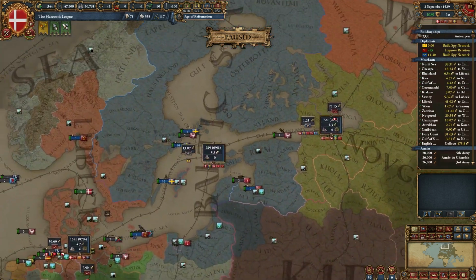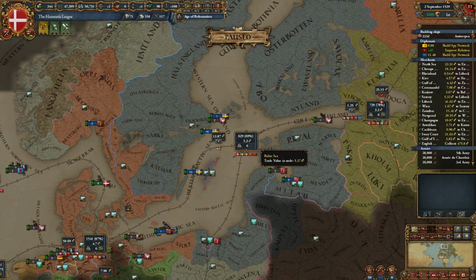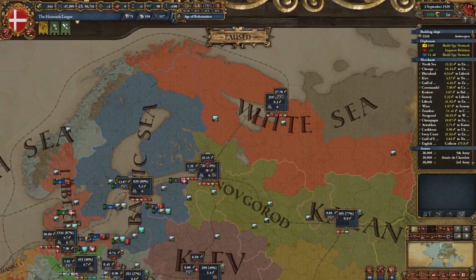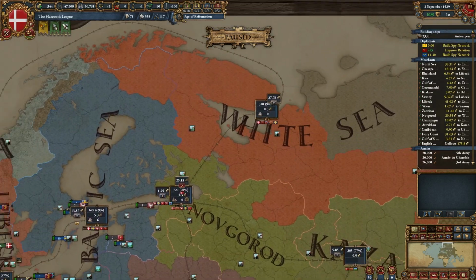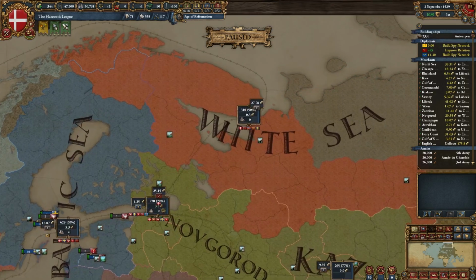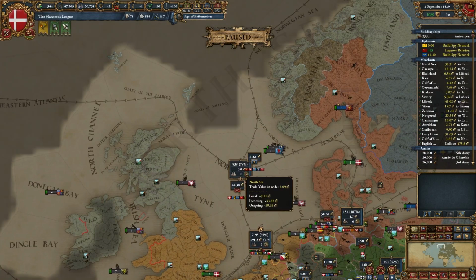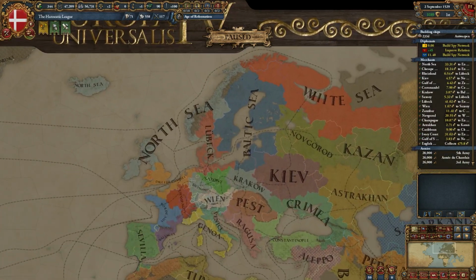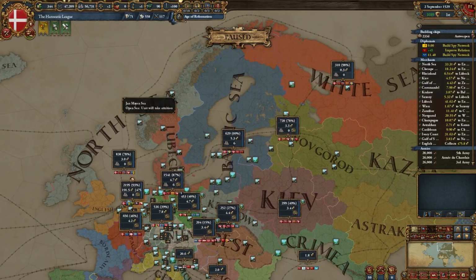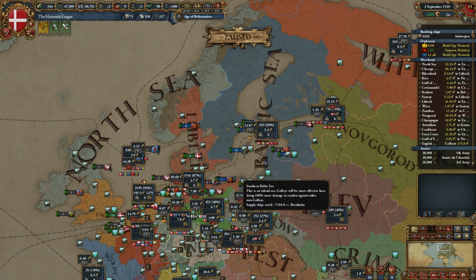I'm not transferring it to the Baltic Sea because I have only 70% in the Baltic Sea, whereas I have obviously 90%, as I own all of this, as you can see. I have 90% in the White Sea, and 80% in the North Sea, which means that I get way more if I take the northern White Sea path than through the Baltic Sea.